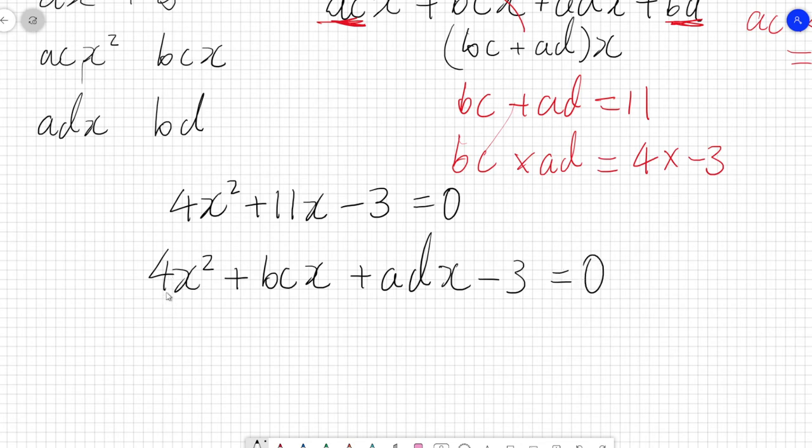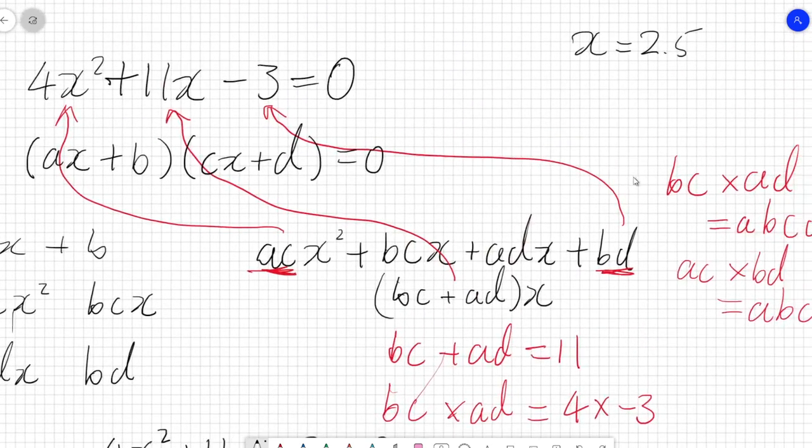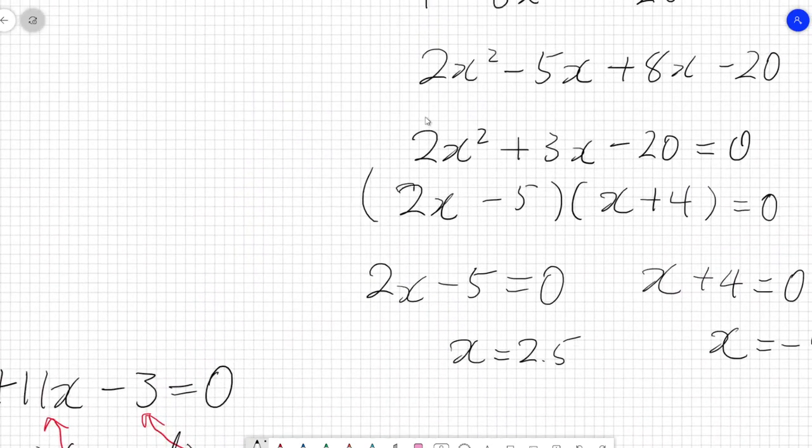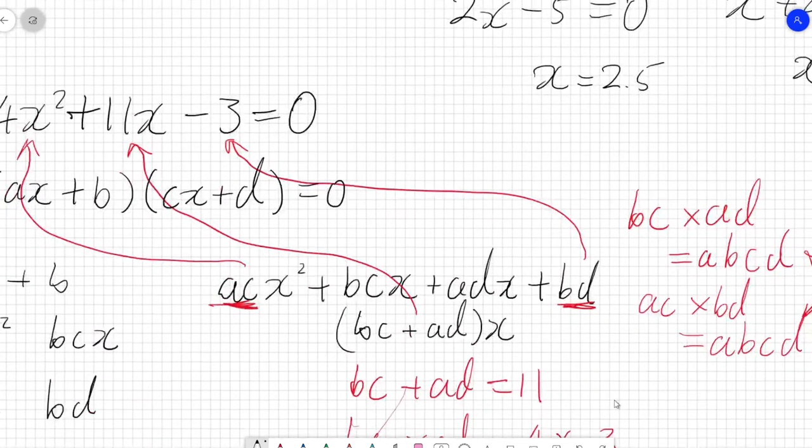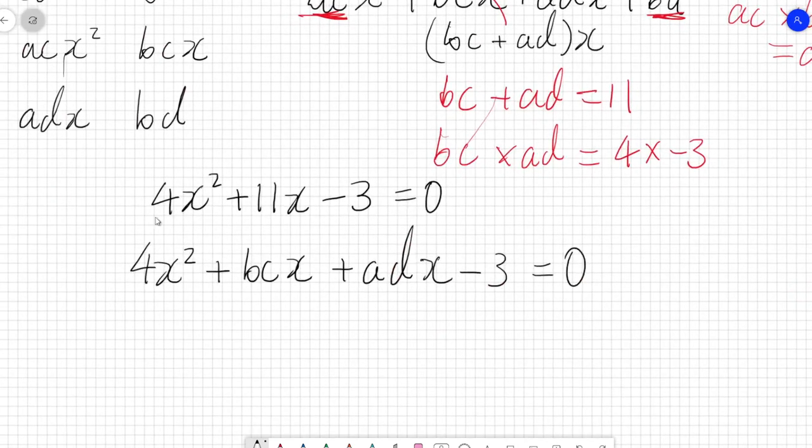Because once we can break it down, it brings us essentially to this stage. So we're going one step back, and then from there onwards, we can factorize the first half and the second half and solve it.